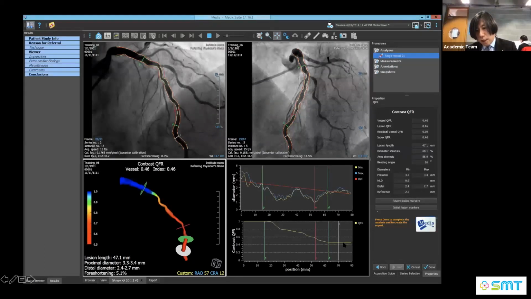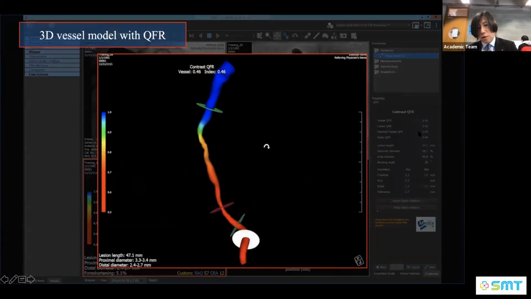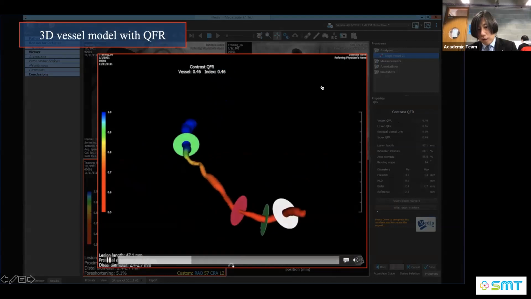In this case, it's a significant drop of QFR, and the proximal part is 1, and you see that there was a significant drop already in the proximal part, and there was a gradual drop of the QFR in the mid to distal part. And in this case, the distal QFR is quite significant, 0.46.